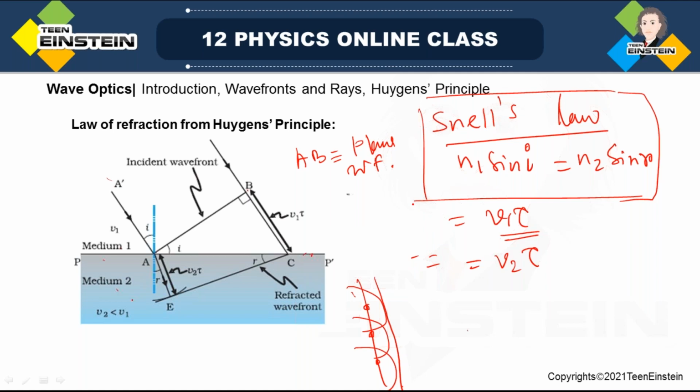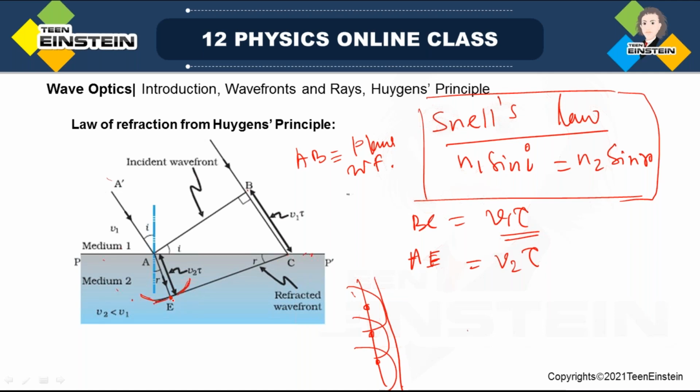So look here, this is BC, this is AE. Here there is a tangent drawn from point C on this particular circular arc or spherical arc.